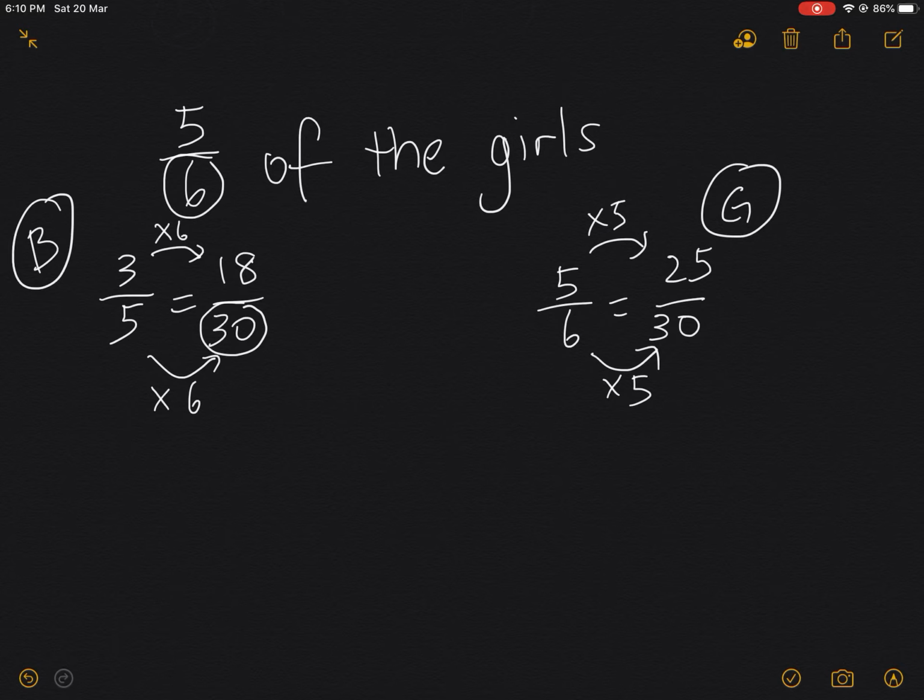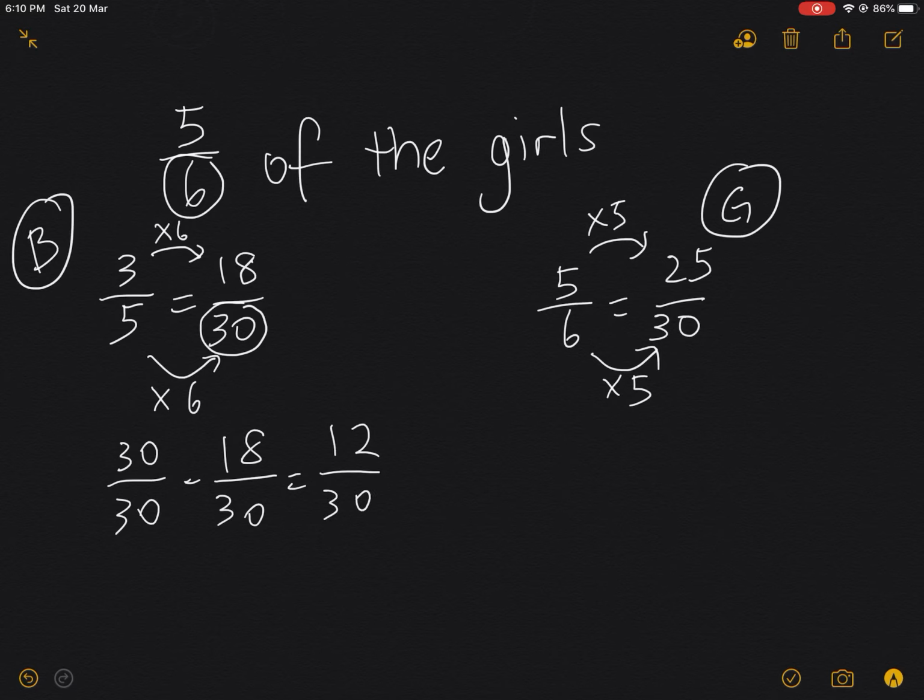We can't be looking at this 18 and 25 units now, because 18 out of 30 and 25 out of 30 are those who remain in the hall. So we need to do a bit of subtraction. This would be the total minus those who remain. This would be the number of units of boys who left the hall. Likewise for the girls.